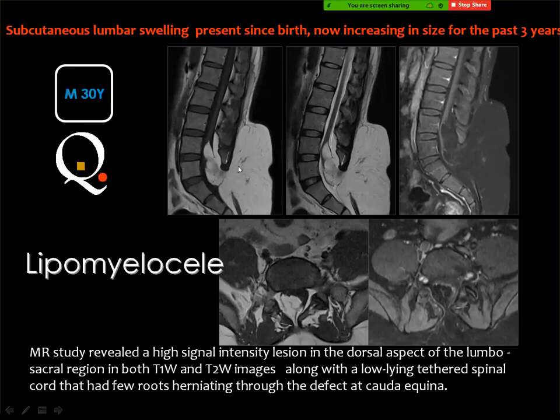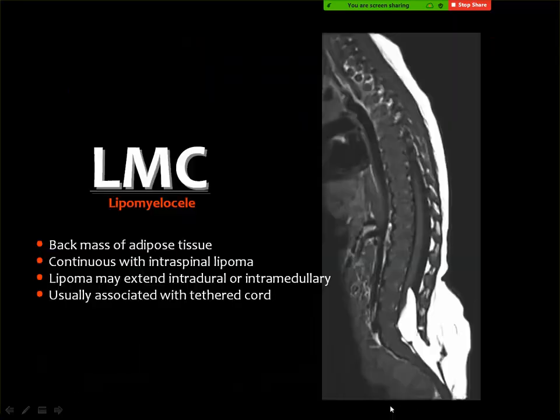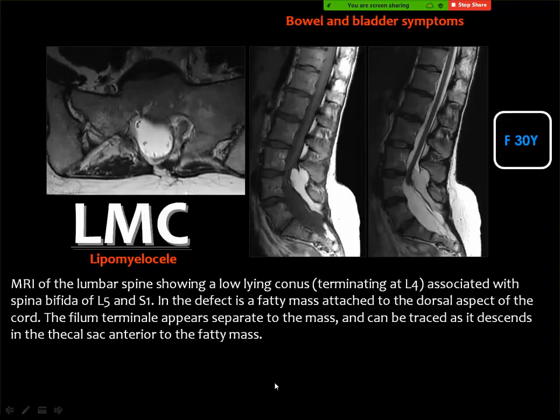If it is outside the spinal canal, meaning that the cord is coming like this and is attached to the lipoma here, this is lipomeningomyelocele. Then this is a lipomyelocele where the fat in the subcutaneous space is continuous with the fat inside the spinal canal, and the site of attachment of the cord to the fat is inside the spinal canal.